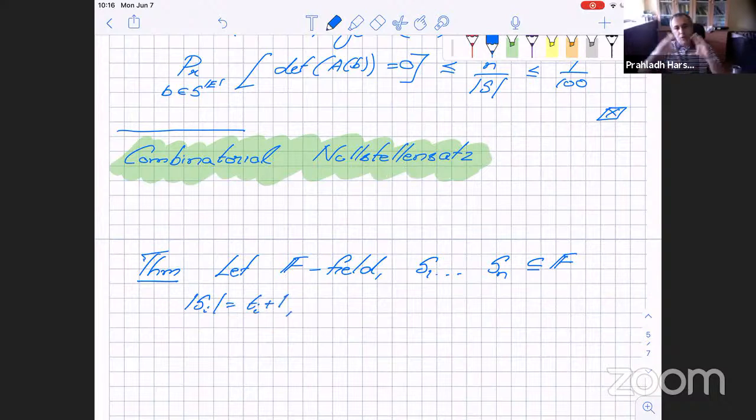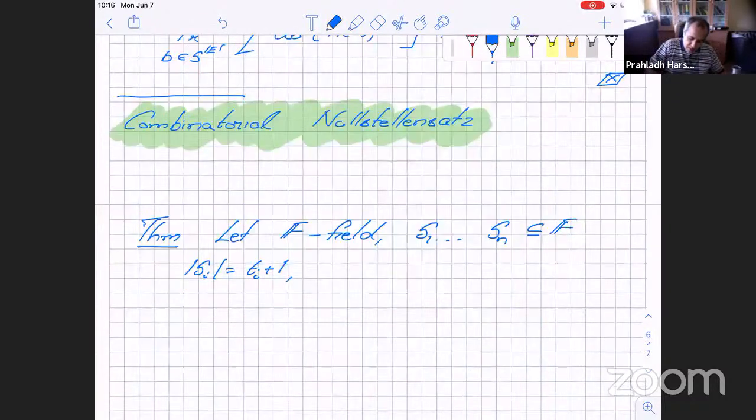So we are going to look at this grid, S1 cross S2 cross ... cross Sn. It's an n-dimensional grid.